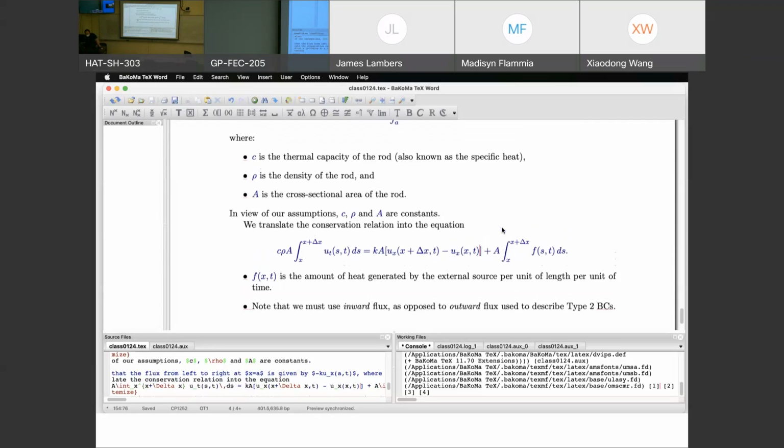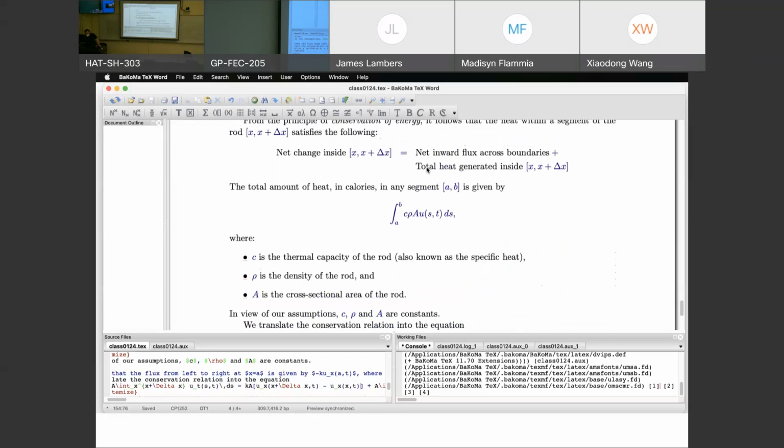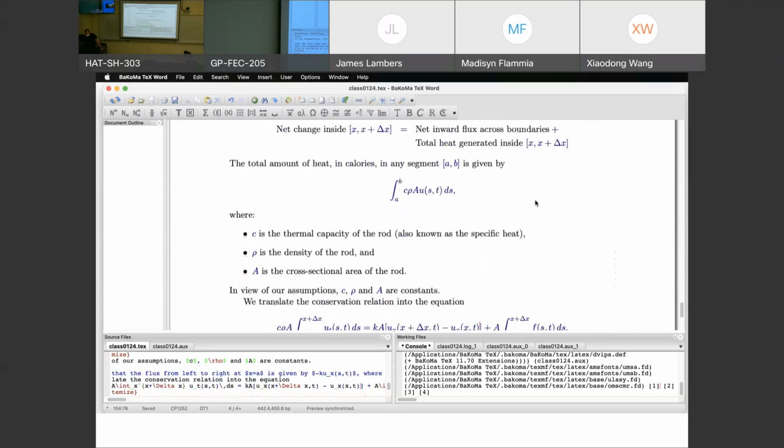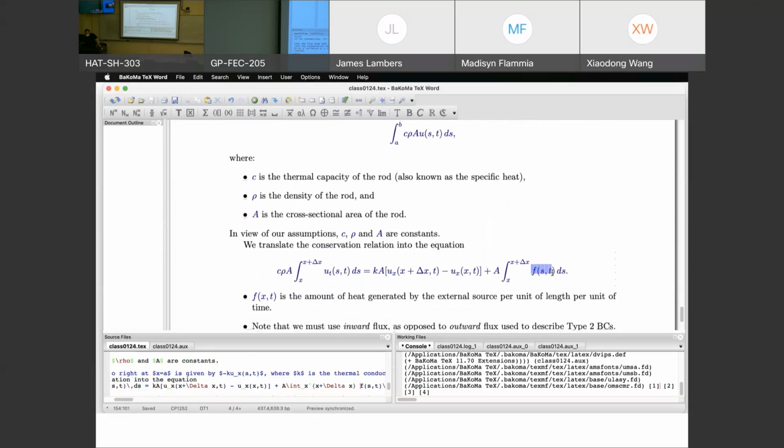And then the other term, total heat generated inside the segment. That's where we account for the external source. We take the integral of that over the segment, and we're also multiplying by a cross-sectional area. So now, this is the translation into an equation of our conservation of energy.